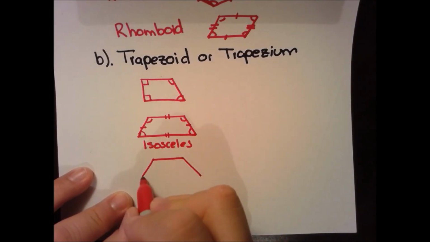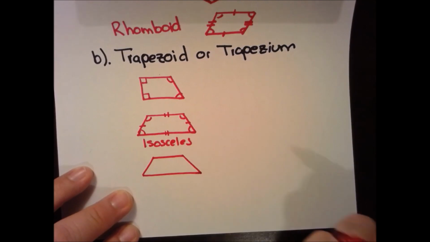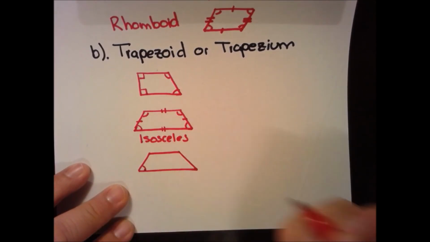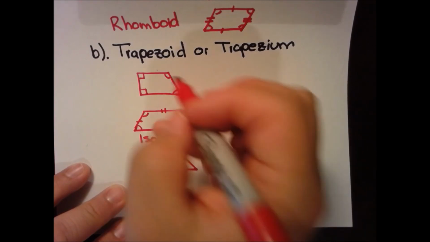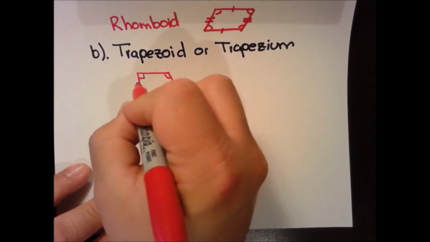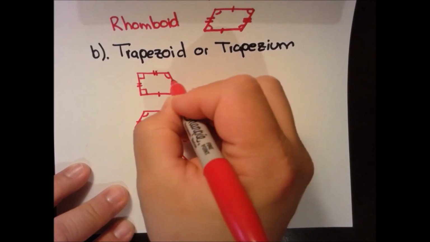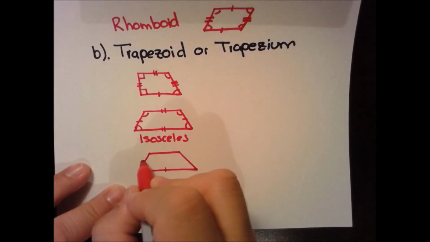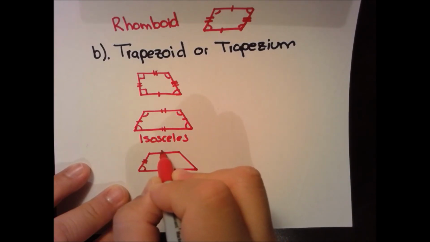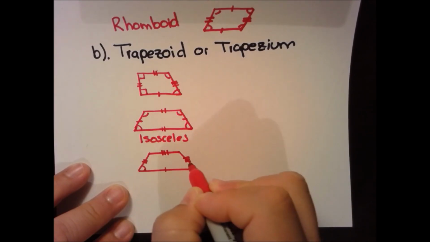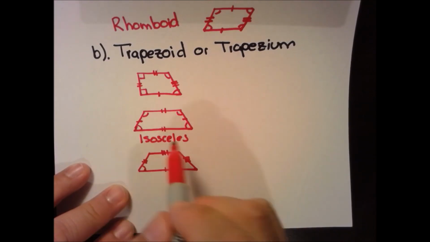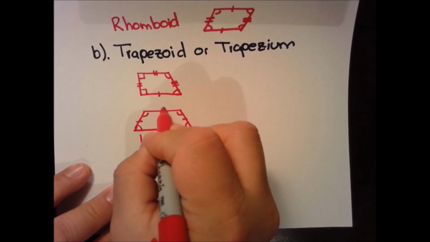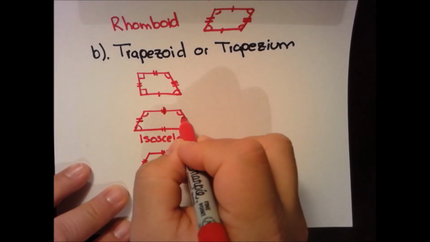Even if you have another trapezium like that one, it's going to be a trapezium too. Okay, this is not isosceles because this angle is not the same as that. And like that one, the measure here is different to this, different to this, and different to this. An isosceles trapezium is one where this side is different to this, but those are the same.